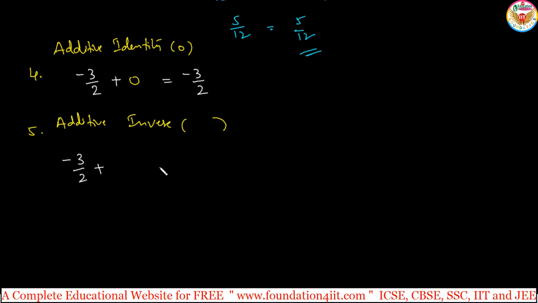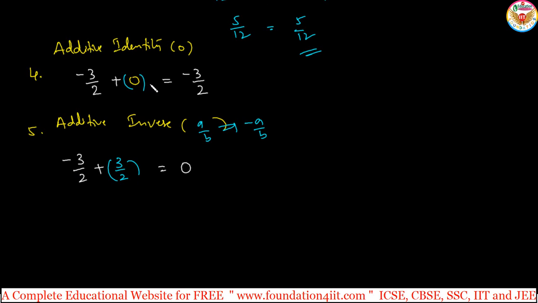By what number are we adding? We are supposed to get 0. Minus 3 by 2 plus dash is 0. So obviously that is plus 3 by 2. So the same number with opposite sign we need to add. So the additive inverse of a by b is minus a by b. That's it.